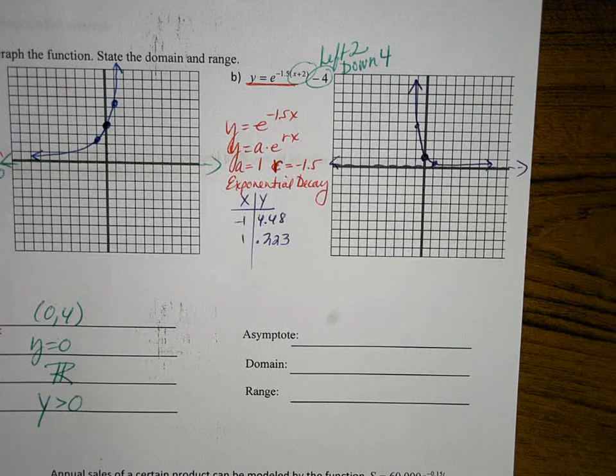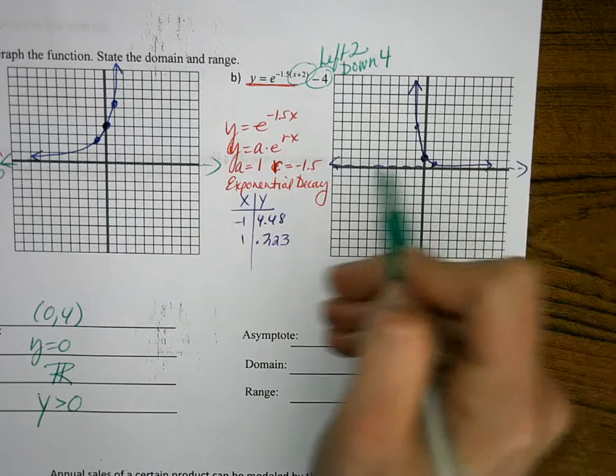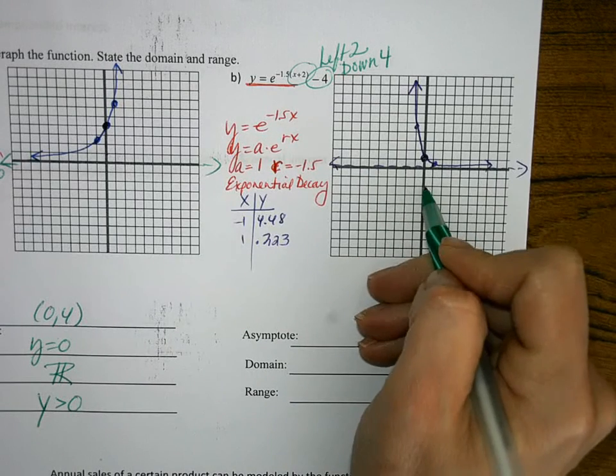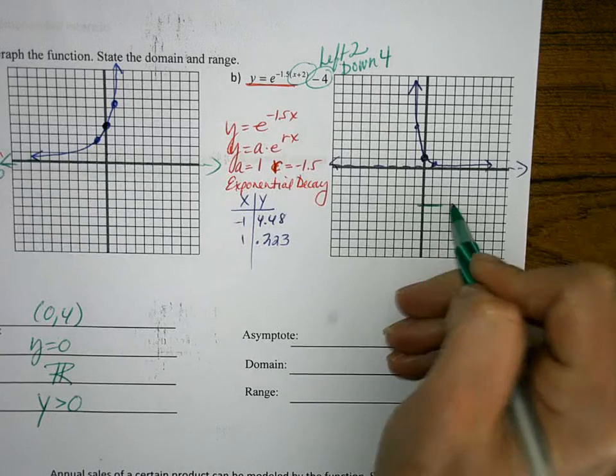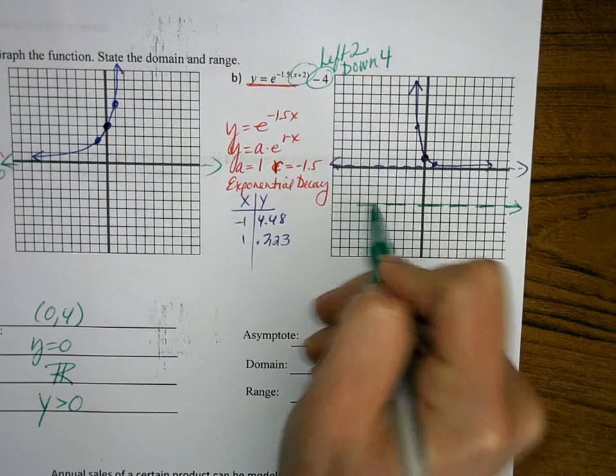Chelsea, where will my asymptote move to if it's going left 2 and down 4? Beautiful. My x-axis, the y equals 0, is going to shift left 2, doesn't do anything, but down 4 puts it at y equals -4.